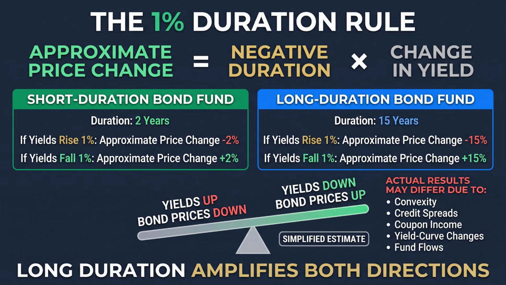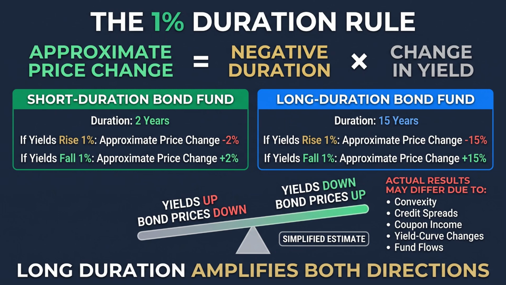These are simplified estimates, not guaranteed results. Coupon income may offset part of a decline. Convexity means the price relationship is not perfectly linear. Credit spreads and different sections of the yield curve may also move independently, but the approximation reveals the main point. Long duration amplifies interest rate movements in both directions.